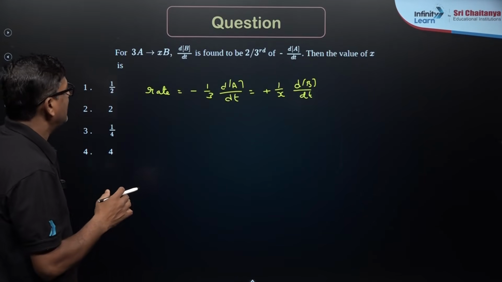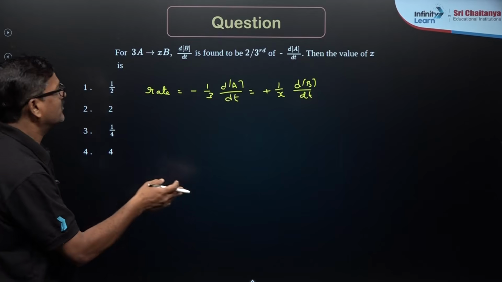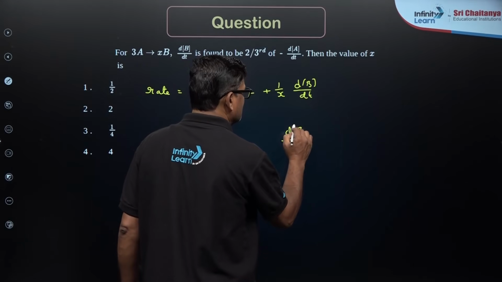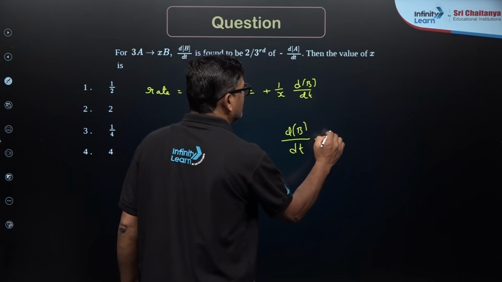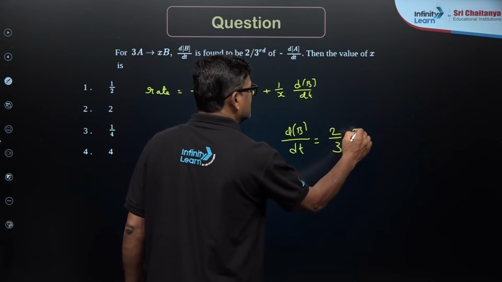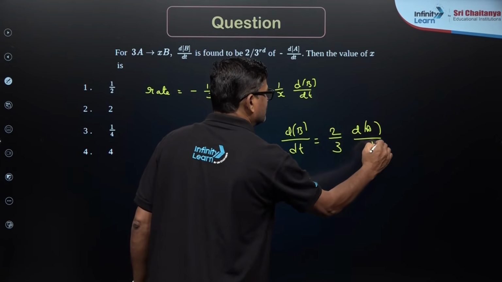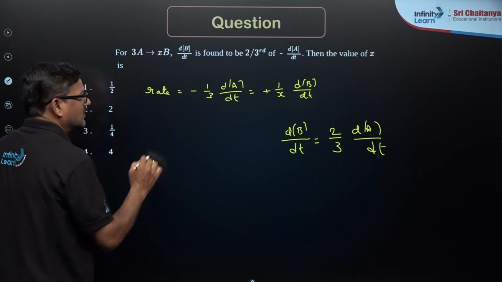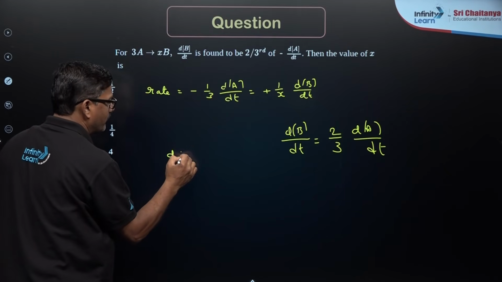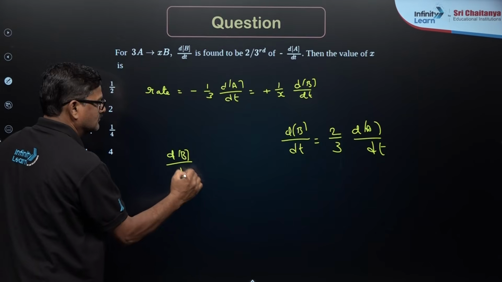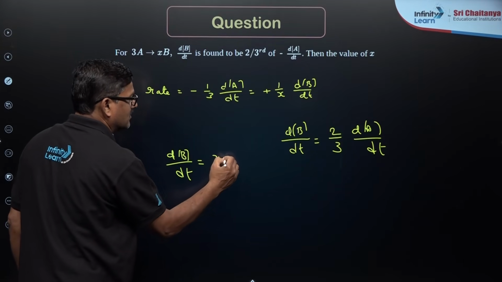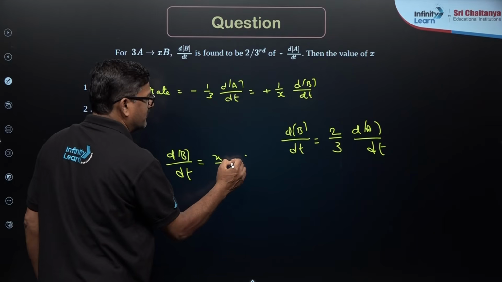Given that dB by dt is found to be 2/3 of dA by dt, I want to say dB by dt is equal to x by 3 times dA by dt.